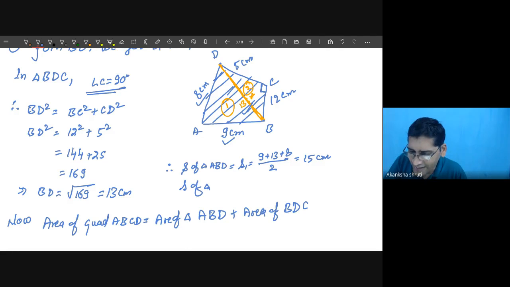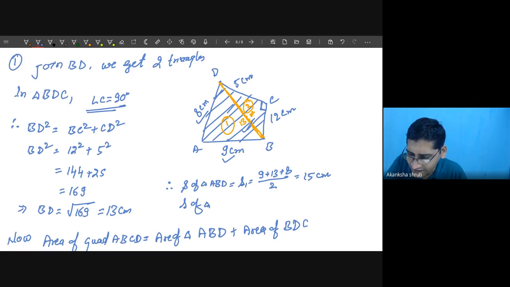Now the semiperimeter for the other triangle, BDC, which we denote by S2. It is obtained by adding BD, which is 13 centimeter, then DC, which is 5, then BC, which is 12, divided by 2.